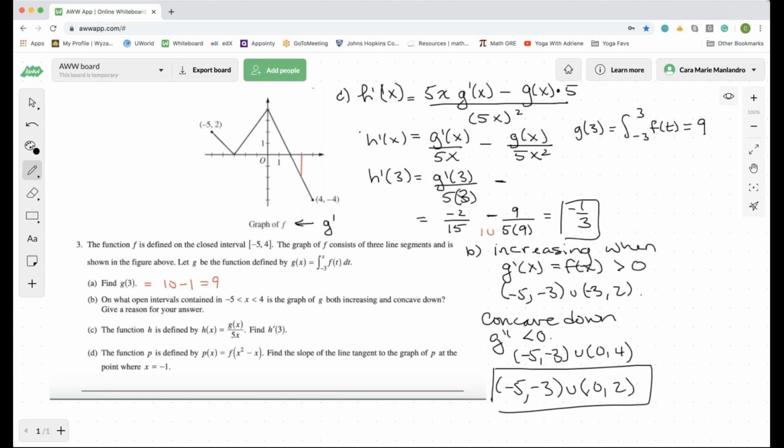Again, we did it in part A. So it was the integral, and we just found the area under that curve. Yeah, no problem. Awesome.